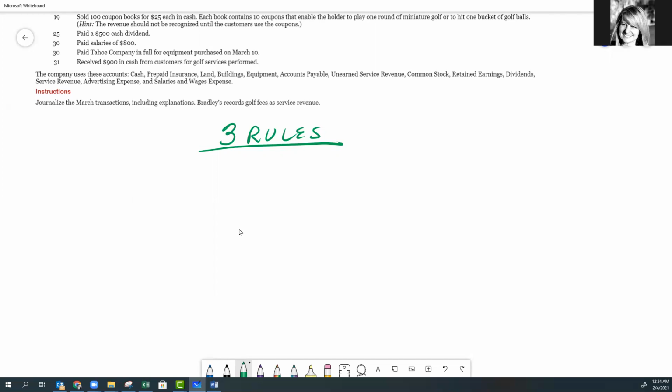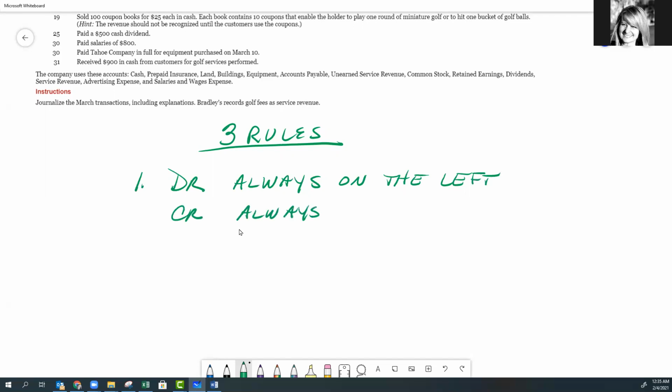So let's talk about the 3 rules of debits and credits first. Rule number 1 is that debits are always on the left, and credits are always on the right. What do I mean by that?